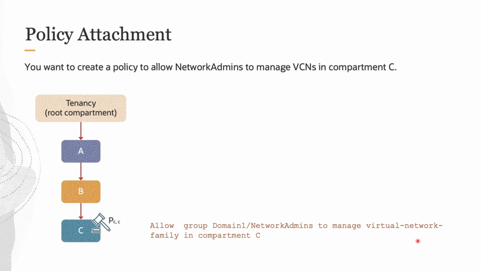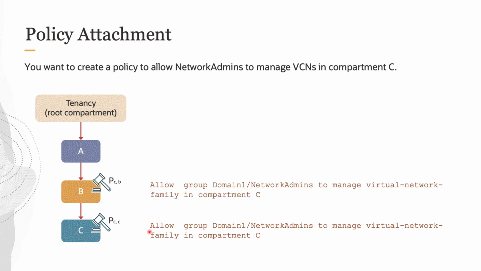The answer is no. You can attach it to compartment C. It is very clean and easy to manage, and it is also a good practice to keep policies in that particular compartment. But note that any user who has permission to manage policies in compartment C can update or delete this policy. You can also attach the same policy in compartment B.